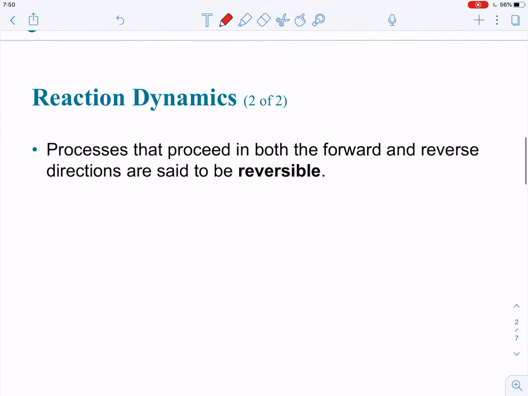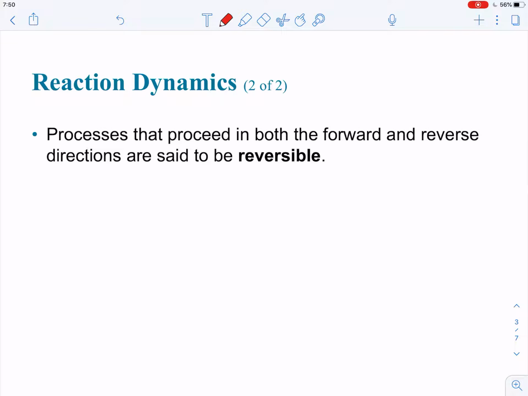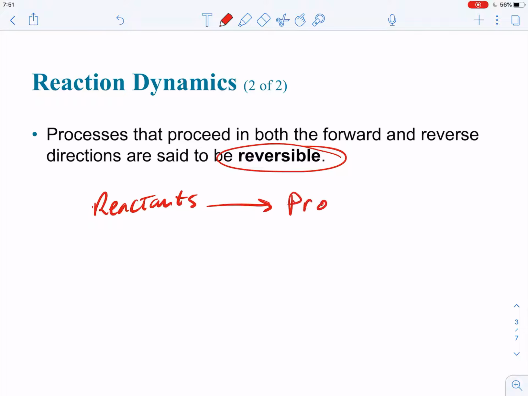Okay, so this we can summarize as: if the products are allowed to react to regenerate the reactants, then we call that reaction a reversible reaction, in which you have reactants going to products, and we call this the forward reaction.